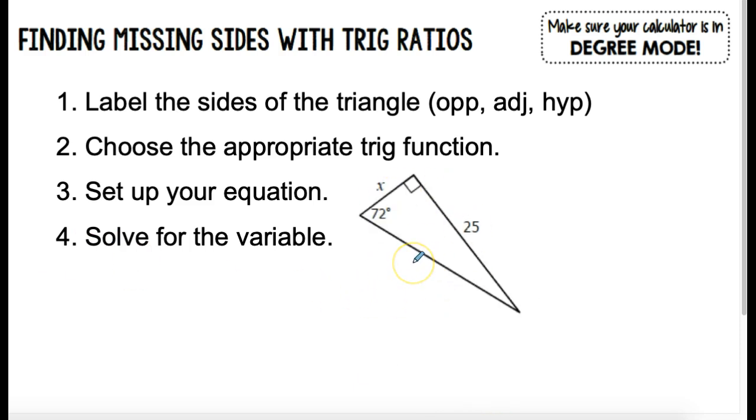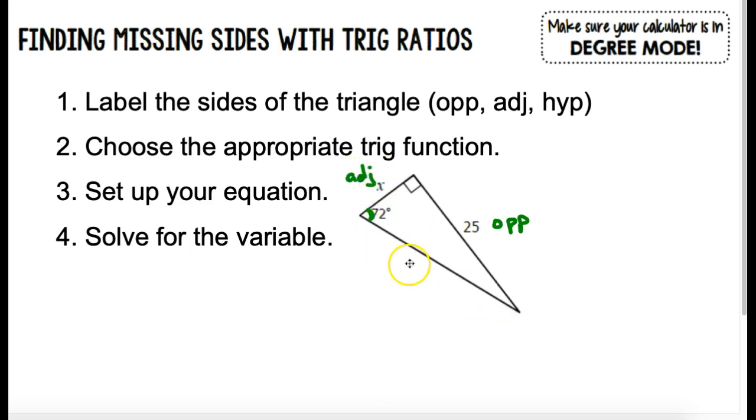So let's look at this triangle. We've got this 72-degree angle here. I shouldn't have drawn over it like that. With respect to this angle, the 5 is the opposite side, and then the x is the adjacent side.